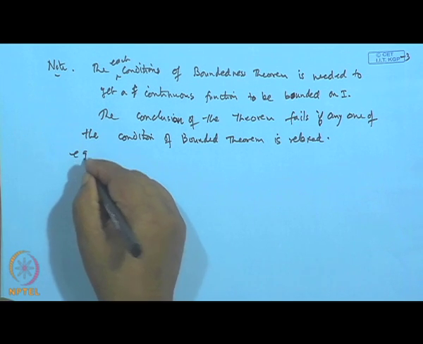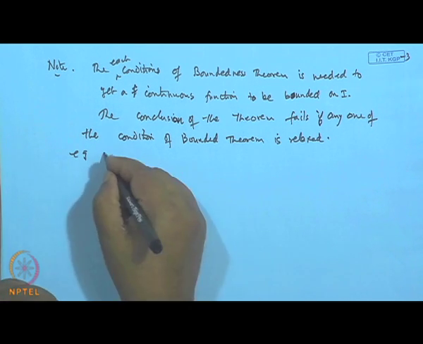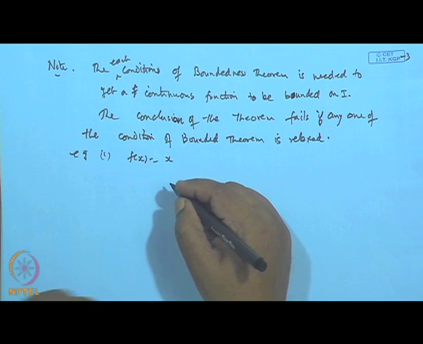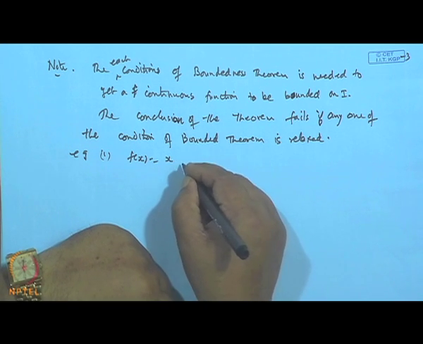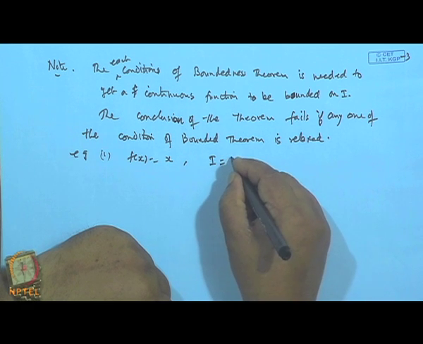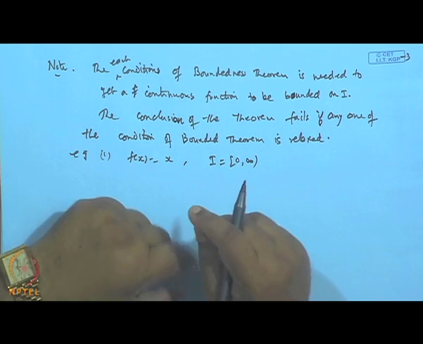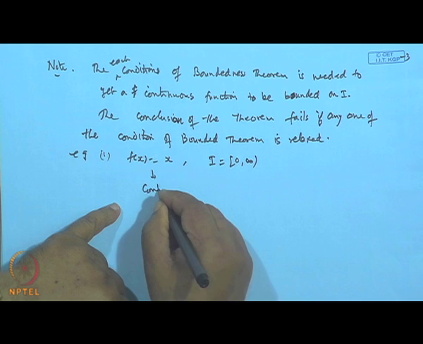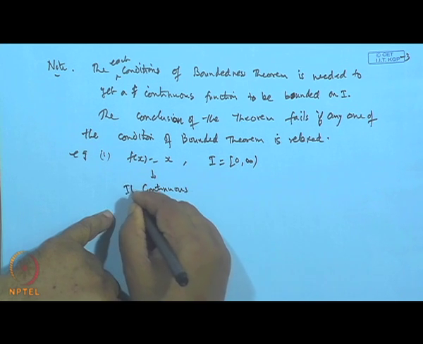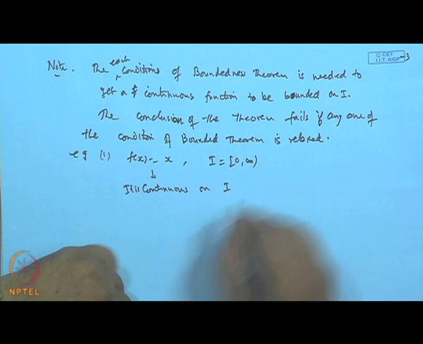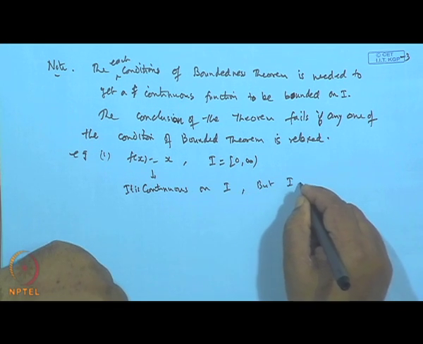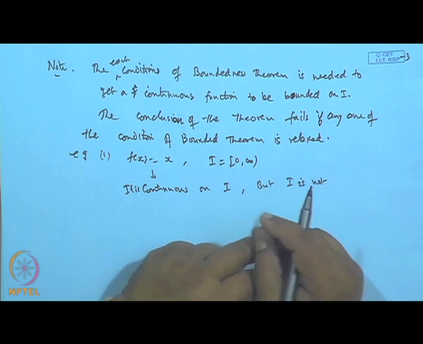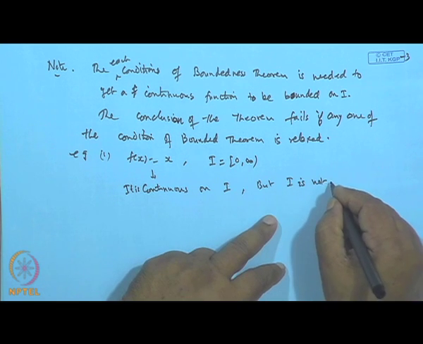For example, suppose I take the function f(x) = x, and the interval I am choosing is I = [0, infinity). Now, this is a continuous function on this interval I, but I is closed and not bounded.